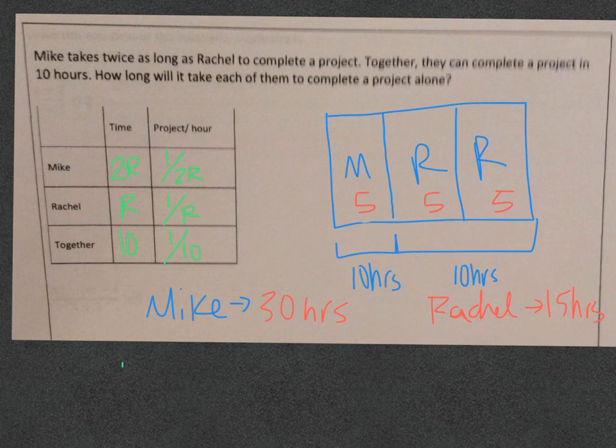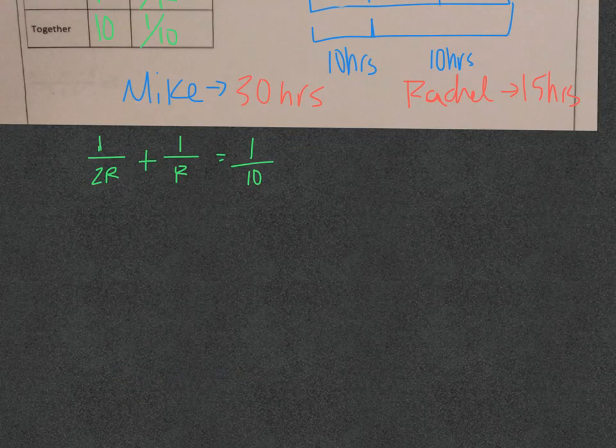So I'm going to write the equation down here. So 1 over 2R plus 1 over R equals 1 over 10. And now this is a problem like what we've been dealing with, where we need to get common denominators. Let me back up.